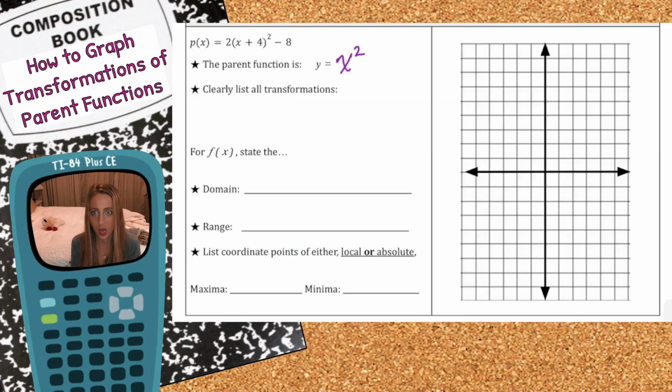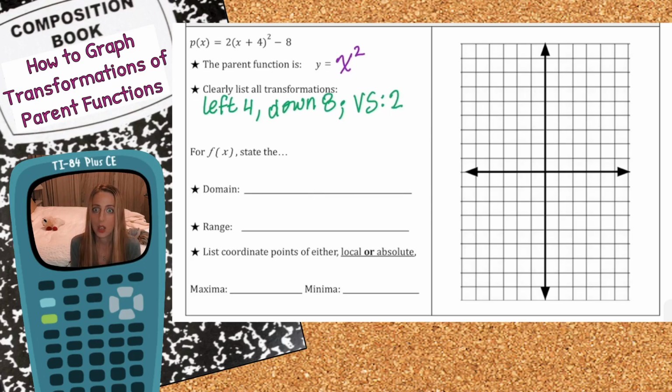Okay, so now let's list our transformations. So they are going to be, I'm going to say we have to go left 4 and down 8. Then we have the 2 out front, and I can abbreviate that VS, vertical stretch of, not 8, hello, vertical stretch of 2.